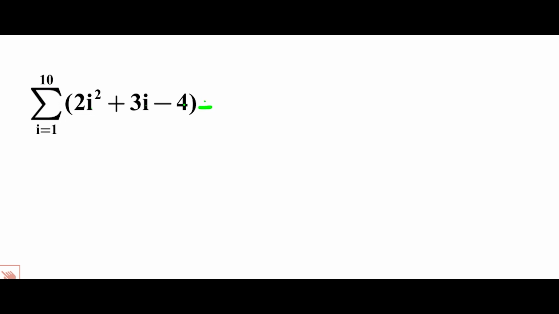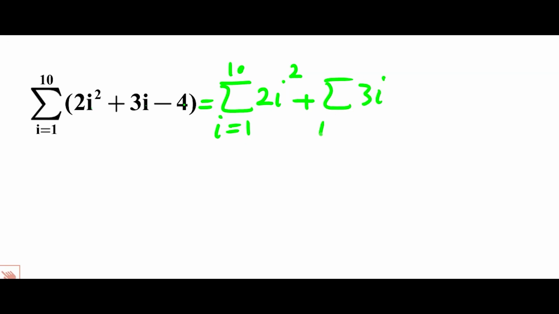For example, evaluate the sum of 2i squared plus 3i minus 4 from i equals 1 to 10. First, separate the summation, means the sum of 2i squared from i equals 1 to 10 plus the sum of 3i from i equals 1 to 10 minus the sum of 4 from i equals 1 to 10.